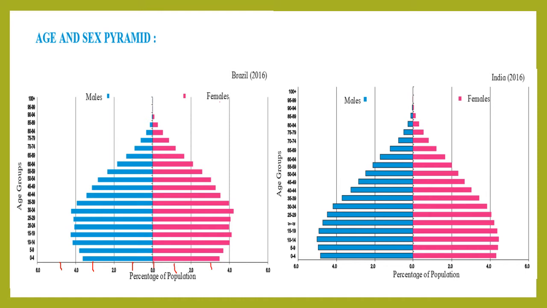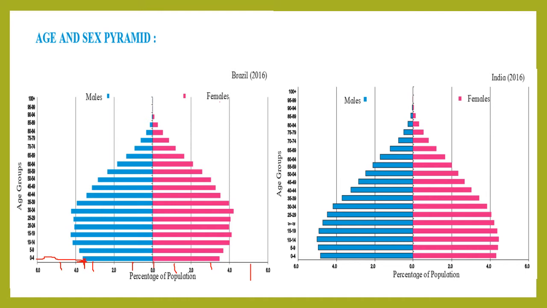Suppose a question is asked in a board exam: what is the percentage of the age group of 0 to 4 years? We can see that this is the 0 to 4 year group. You have to match this to the bar graph, and this blue bar you have to match with the percentage.